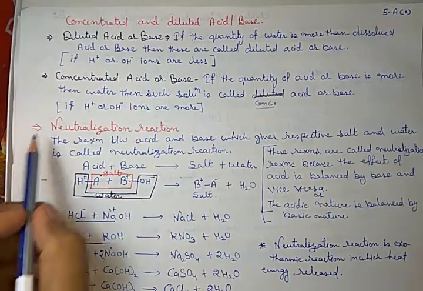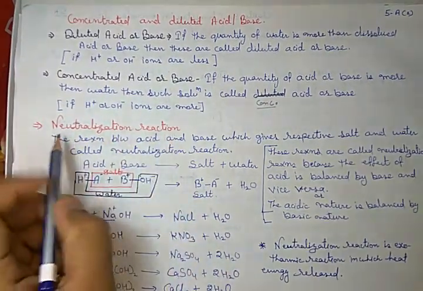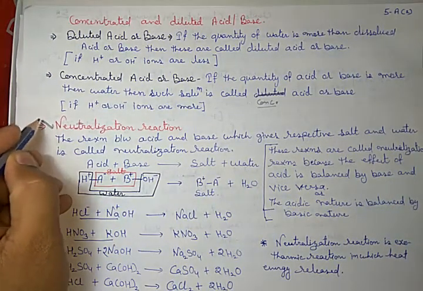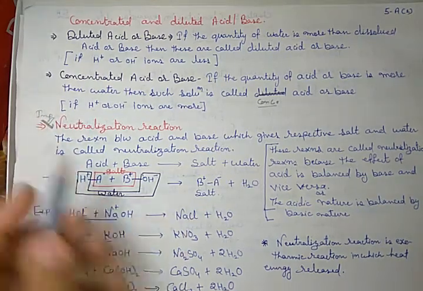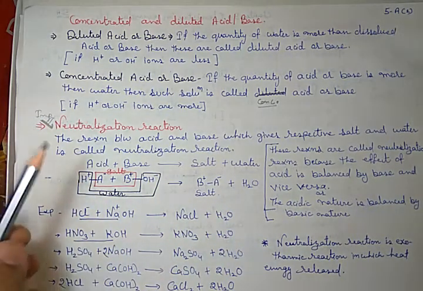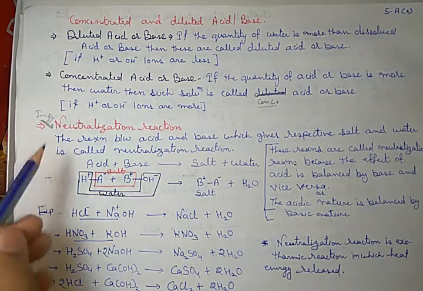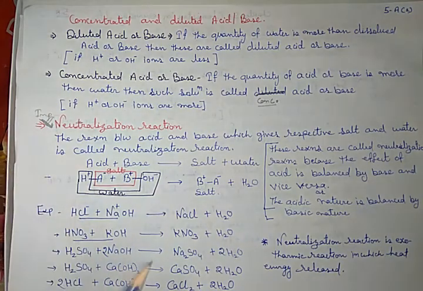Now let me move to the next topic, that is neutralization reaction. This is a very important question for the exam. Please make sure of it. It is a general question which comes in exams: what is a neutralization reaction, give one or two examples. So please do it very carefully.